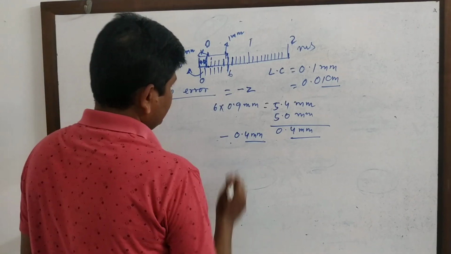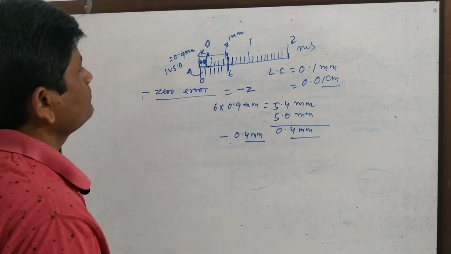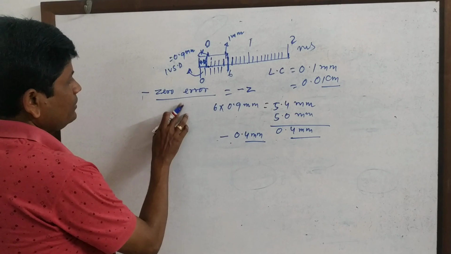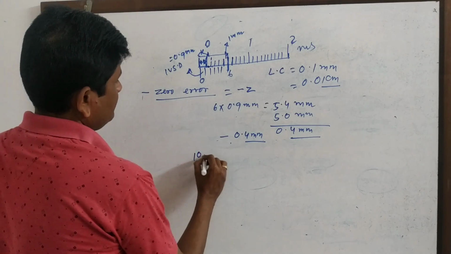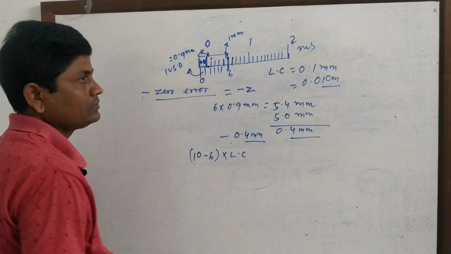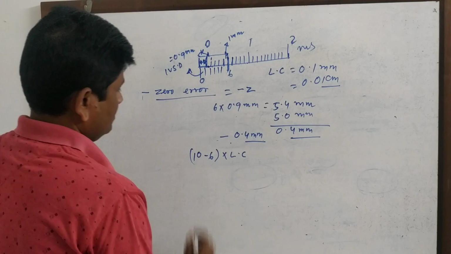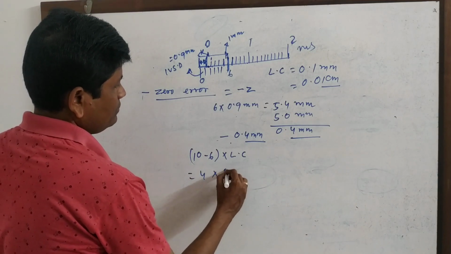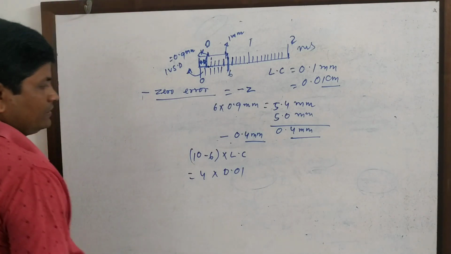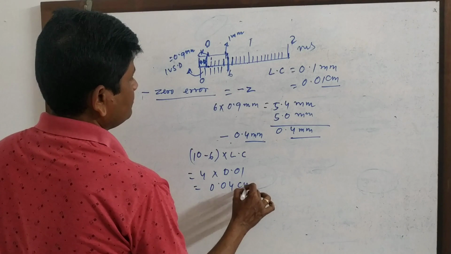Or another method is there: this 6th division is coinciding with a main scale division, then the negative zero error is 10 minus 6 into least count, the coinciding division, that will be subtracted from the 10, that is 4 into least count, which is 0.1 mm, equal to 0.04 cm, okay.